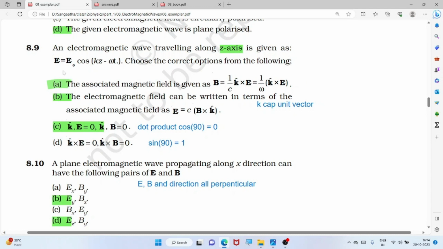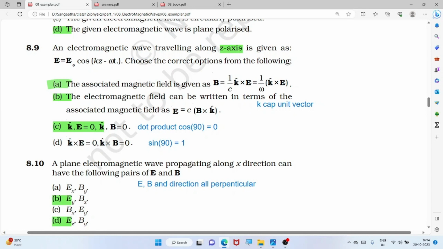Now the associated magnetic field is based on that speed of light, electric field and magnetic field formula. The direction of the propagation, electric field component, magnetic field component are all perpendicular to each other. The electric field can be written in terms of the associated magnetic field. Okay, this is also correct.